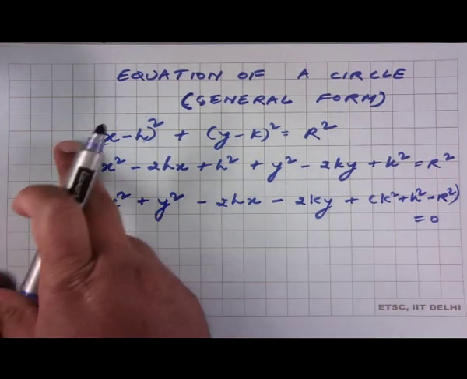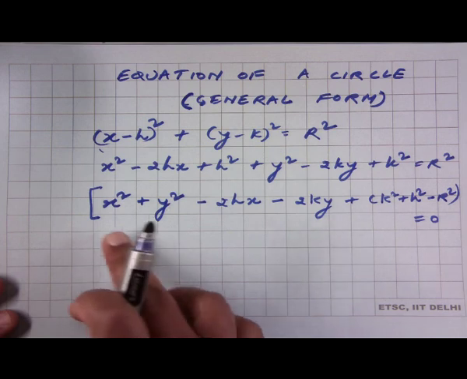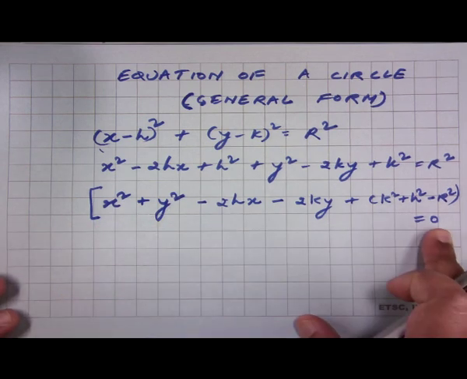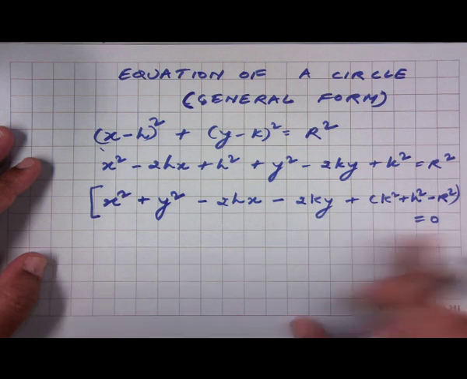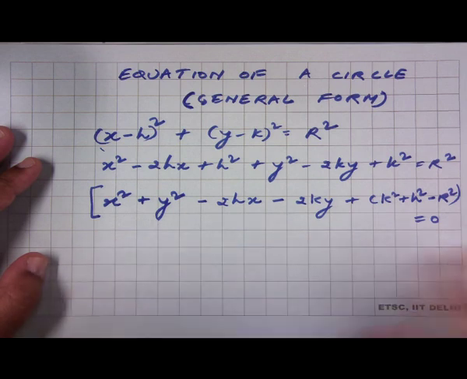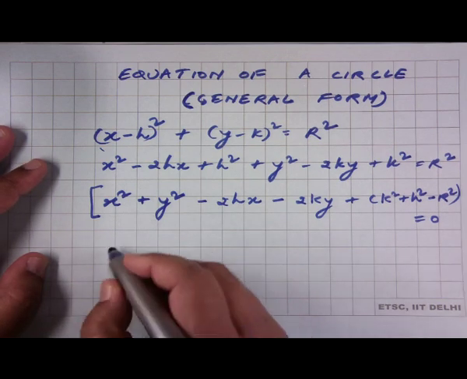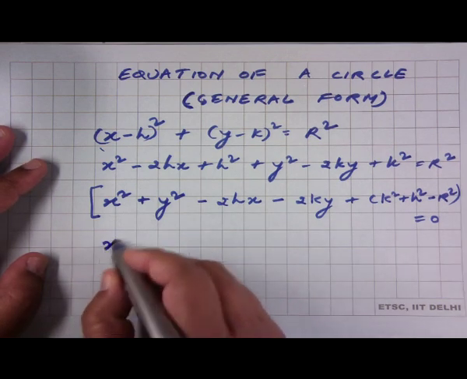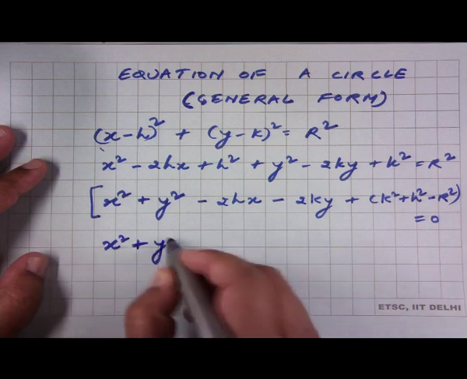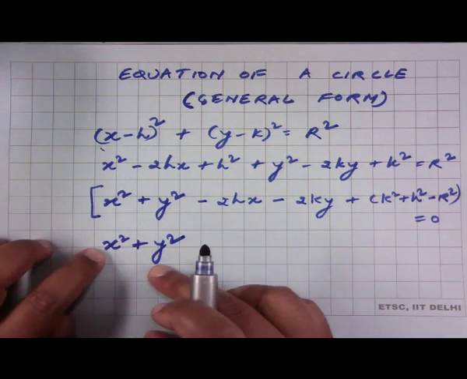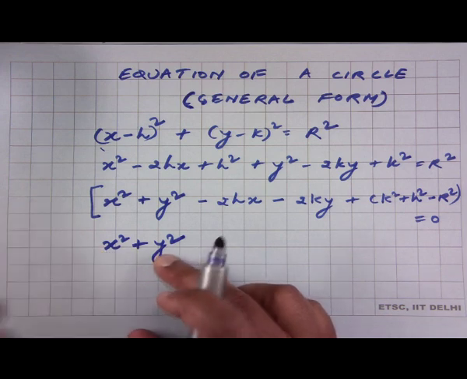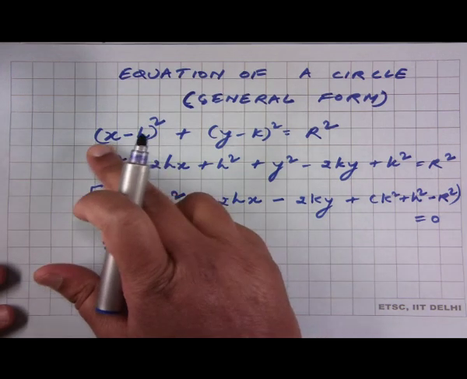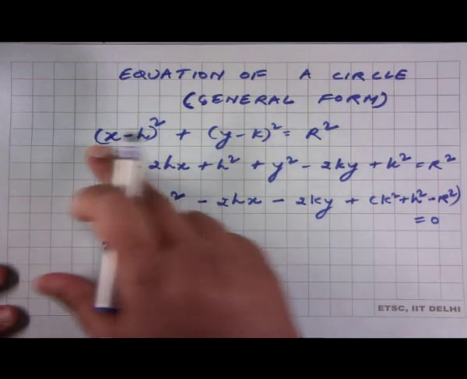So, starting from the center radius form, we eventually get this, and our claim is that the equation of a circle can in general be written in this type of form, which is x square plus y square. So, the coefficient of both x square and y square will be the same, and that is because that is basically starting from here.